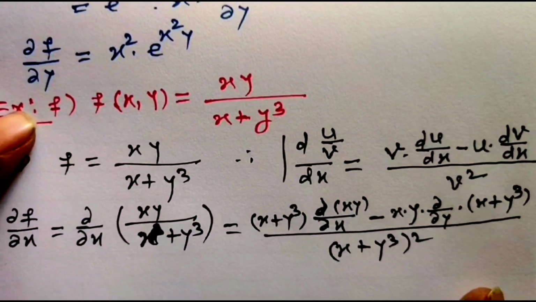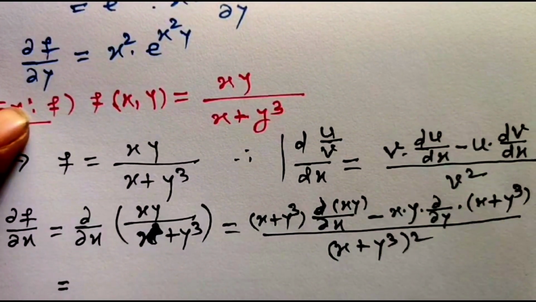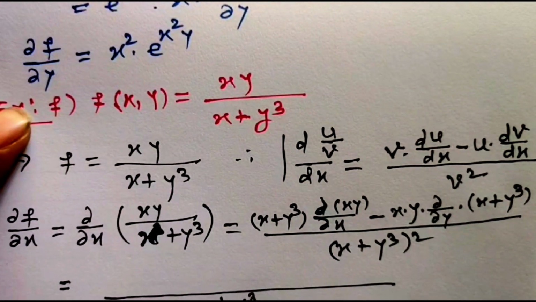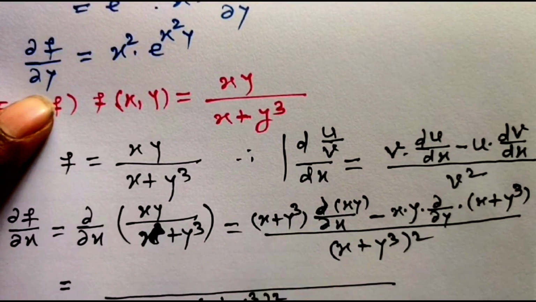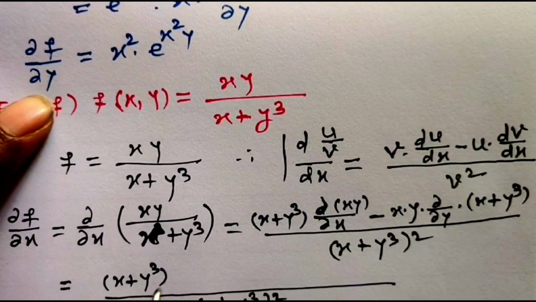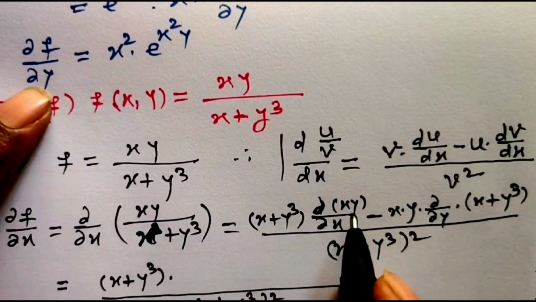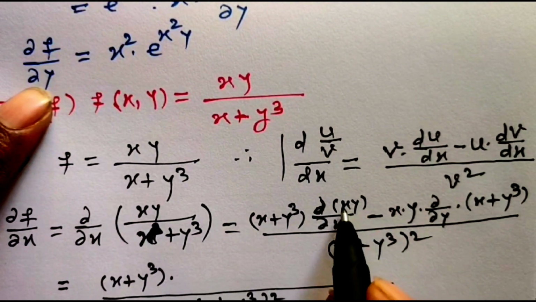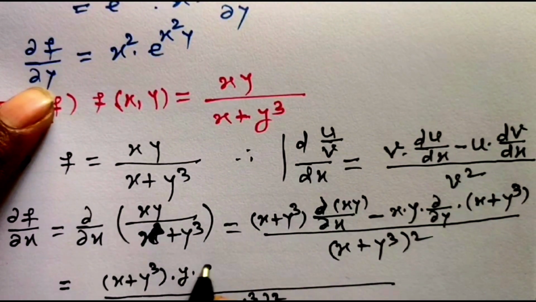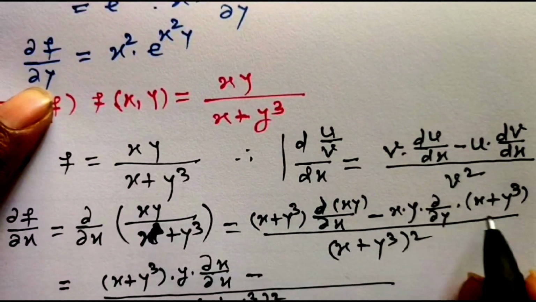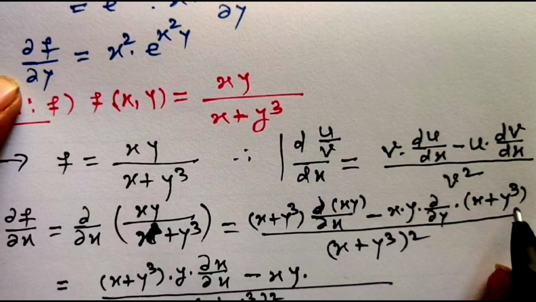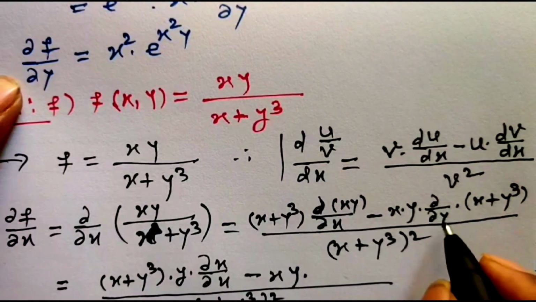So this can be written as the partial derivative of f with respect to x, denominator keep this as it is, x plus y cube square of this, now in the numerator x plus y cube as it is, the derivative of x into y with respect to x, considering y as constant. So here y becomes a constant coefficient, y into the partial derivative of x with respect to x, minus, now in the second term xy, the derivative of x plus y cube with respect to x, not with respect to y.